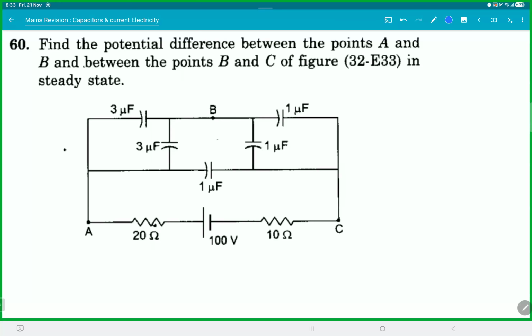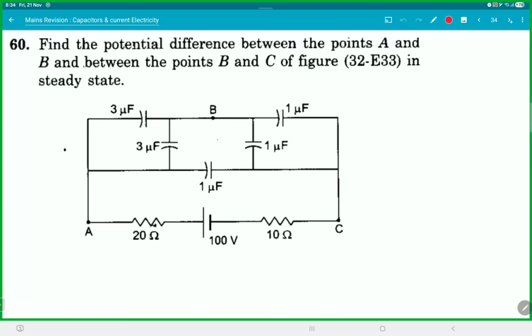In steady state, capacitors will become like open circuits. So look at this, current won't flow through the circuits.